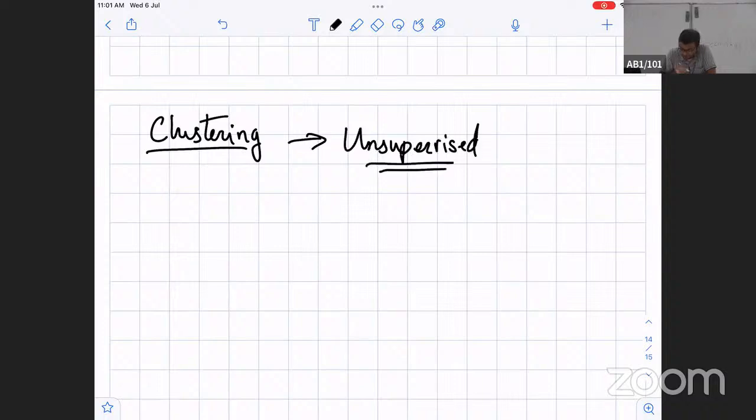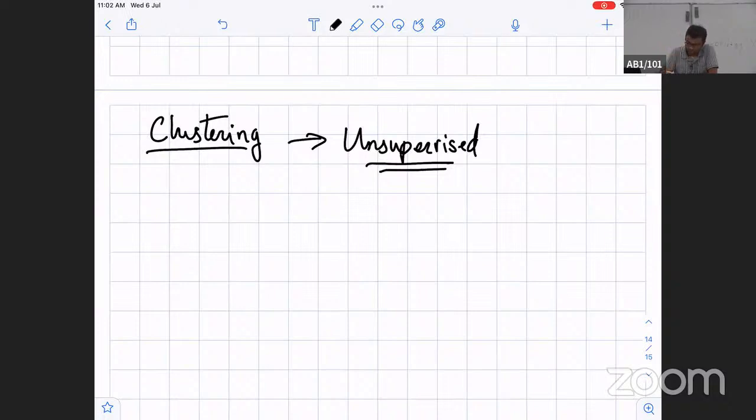Okay, so it's unsupervised. Supervised just means that you have both the features as well as the label. But if you don't have the labels, you just want to group the data in some way, that is unsupervised.